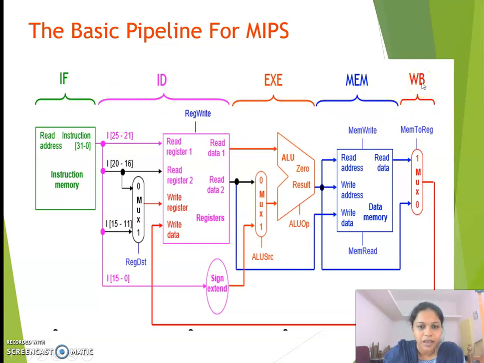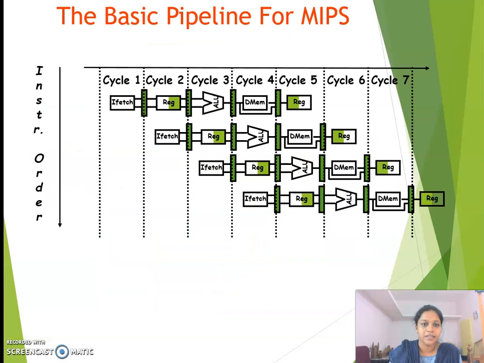Okay, what will happen in the pipelining is this. Now in the first cycle, your first instruction fetch will happen. Okay, so the fetch will happen and the fetch will be completed. That is, your instruction will be loaded into the instruction register. In the second cycle, the fetched instruction is decoded.